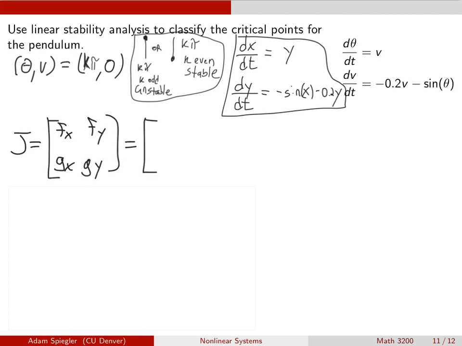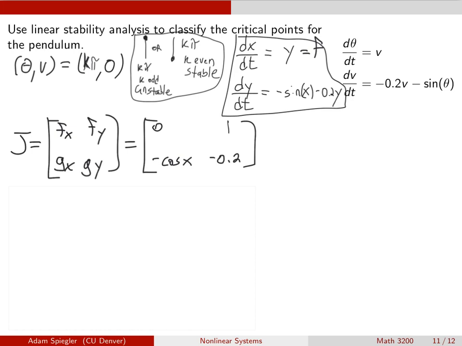If we take the partial of f, where f is the top function, its partial with respect to x is 0, and its partial with respect to y is 1. Then we look at g, the equation for dy/dt; its partial derivative with respect to x is minus the cosine of x, and its partial derivative with respect to y is minus 0.2.